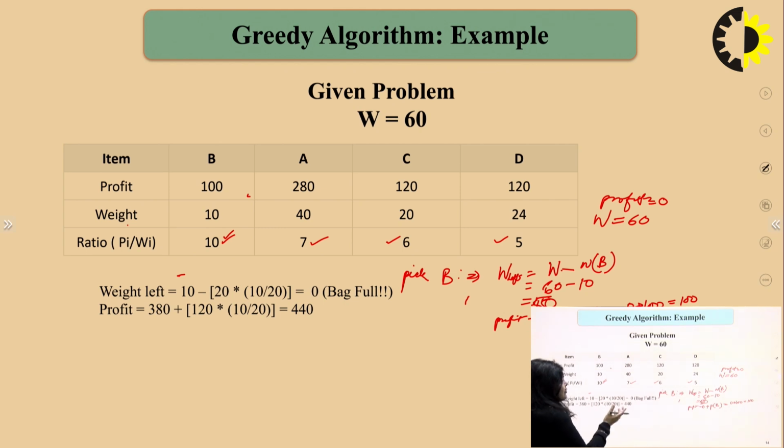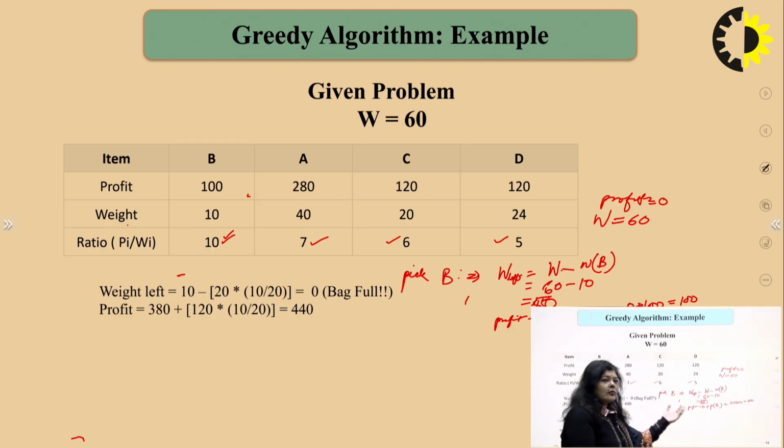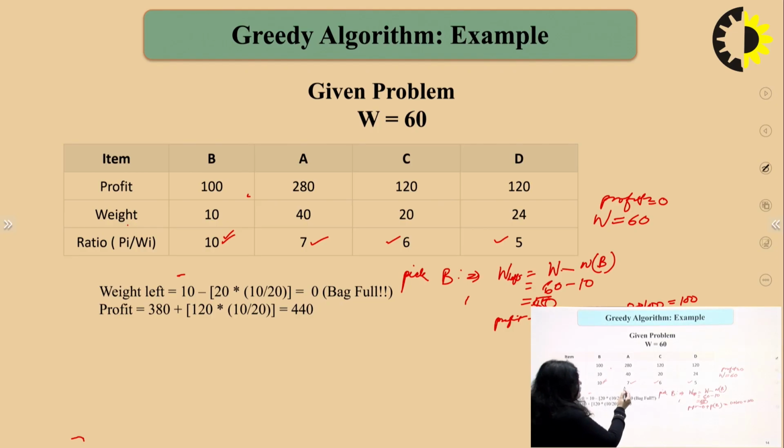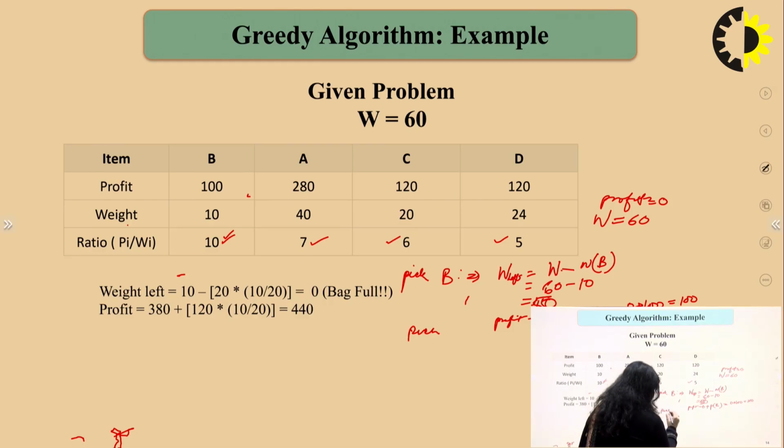Next, we pick up the next object and check the constraint, which is nothing but the capacity of the knapsack. If I am able to include this object in my knapsack, my constraint is satisfied, and the profit and the weight are going to increase. The next object with the next highest profit-to-weight ratio is item A. So now you are picking A, and again I need to calculate the W left.